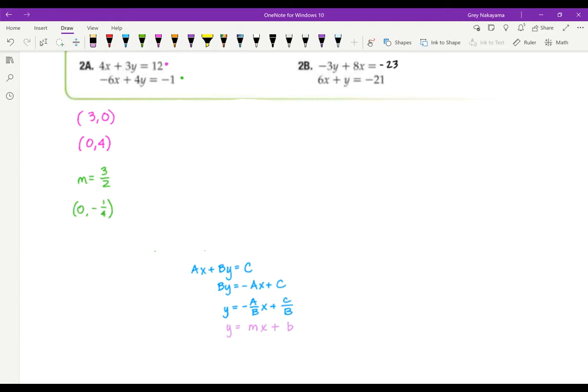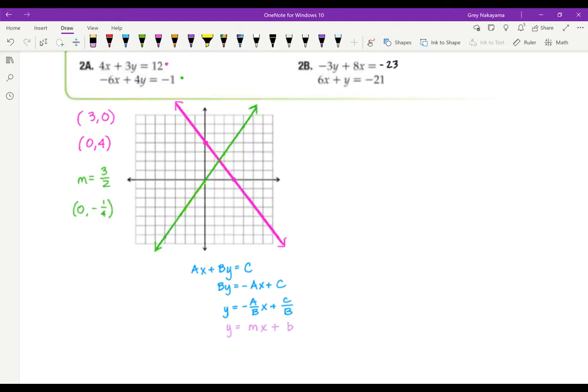That's my y-intercept. So this is my graph. You can see my x and y-intercepts from the first line, and there's my negative 1/4 and doing a slope of 3/2. And y'all, if you haven't figured out by now, graphing is the least accurate method by hand of solving a system.